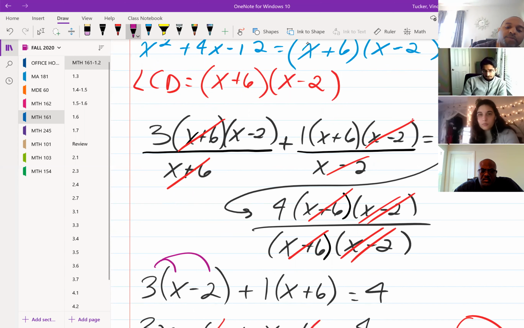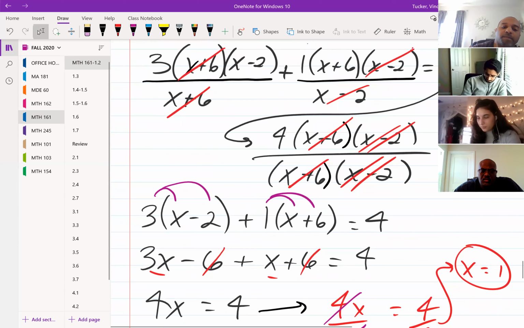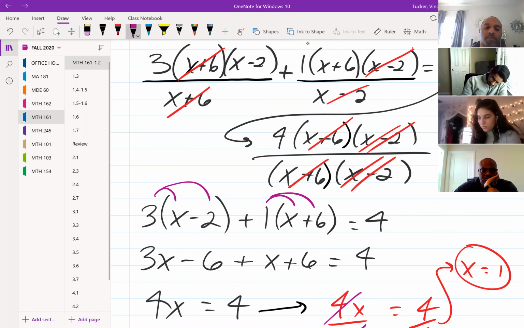All right, distribute. So 3 times x is 3x, 3 times 2 is negative 6. And of course, 1 times anything is itself. Now we can combine the like terms. 3x and 1x is 4x.